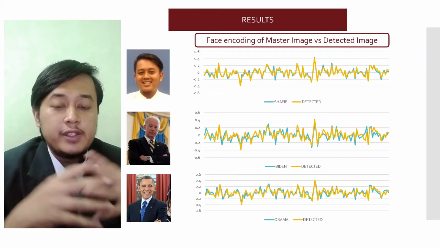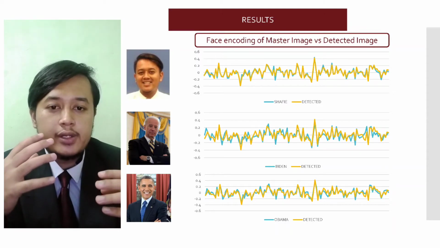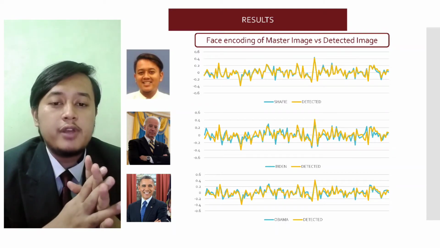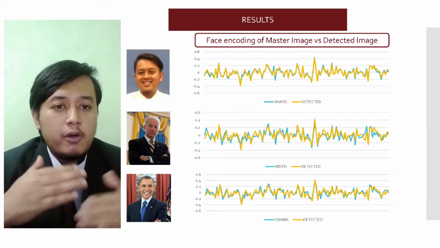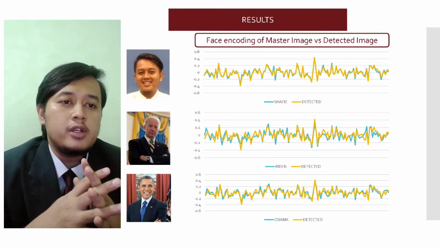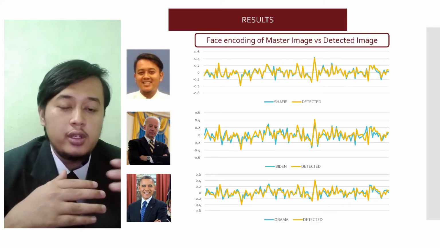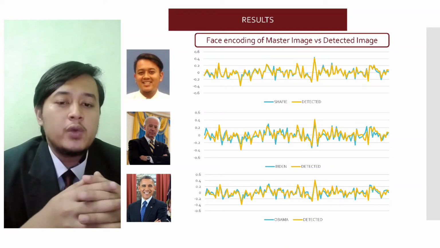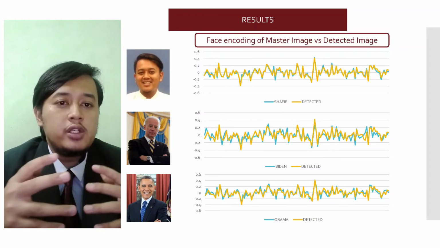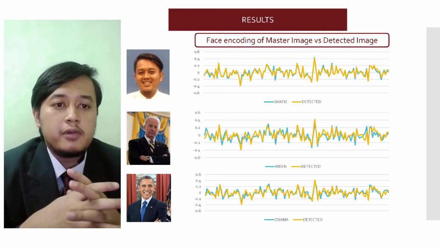Then for the face encoding, which has 128 values, I compared the face encoding of the detected image with the master image face encodings. So this is the result, which shows three different patterns of graph.